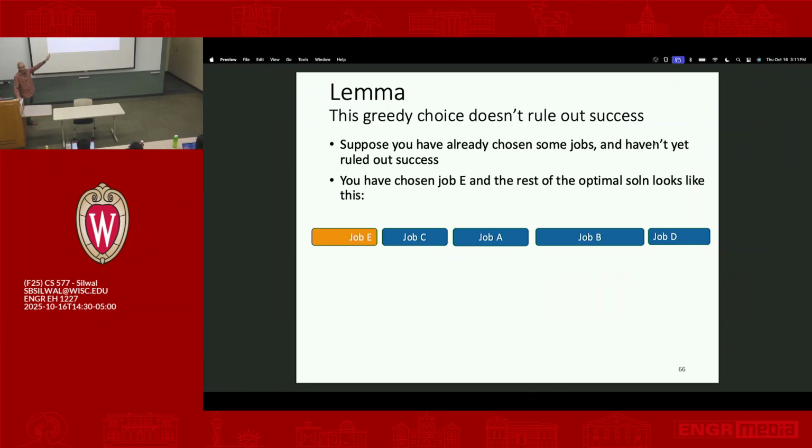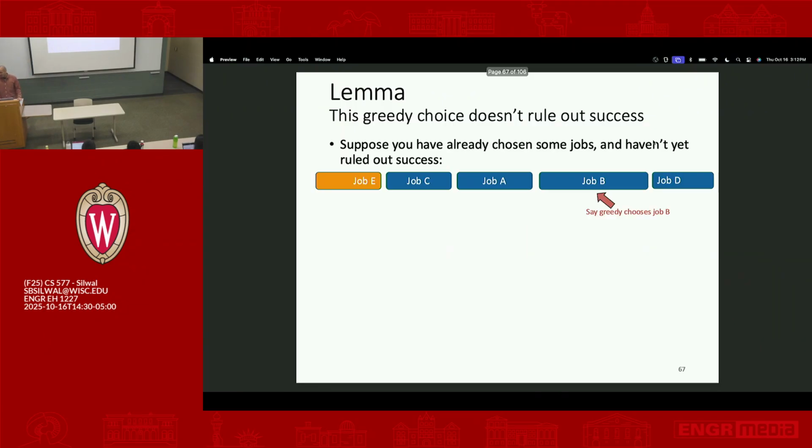That's the induction. Ideally, I would start with no jobs done, then show the first one, but I'm just showing you what the induction step will look like. At a high level, partially I know this is the optimal ordering so far, so how do I know the next one I add is also part of the optimal ordering, okay?